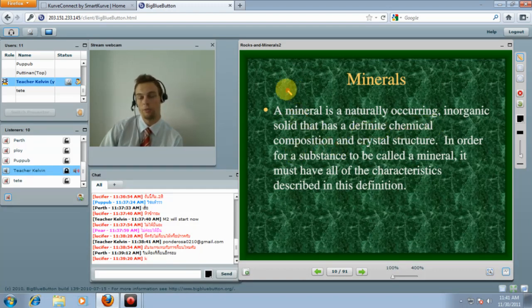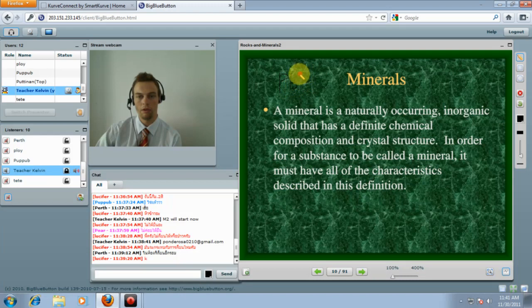So, what do we have? We were talking about last time, pyrite. Fool's gold is PbS. So, PbS, pyrite. It looks like gold, but it's not gold.